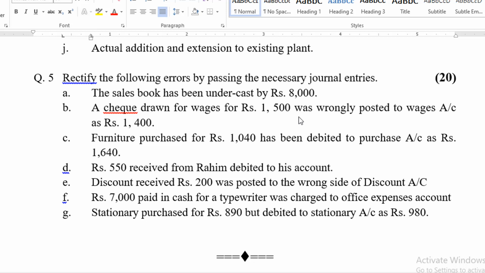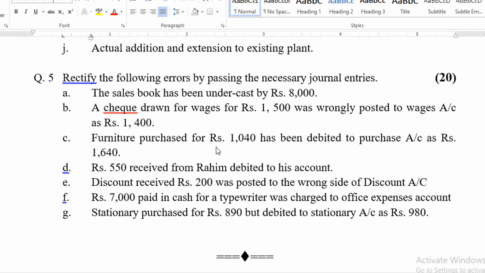The actual wages are 1,500, which has been paid to the workers, but the account is debited by the lesser amount, 1,400, and the difference is 100 rupees. So you need to increase the expenses by rupees 100 by debiting the wages account with the additional amount of rupees 100.